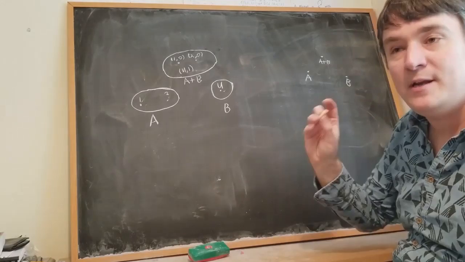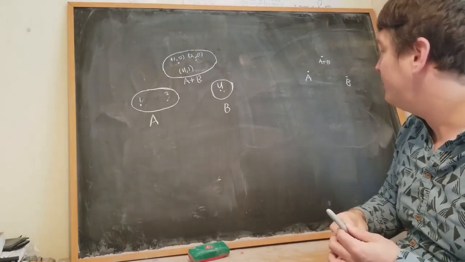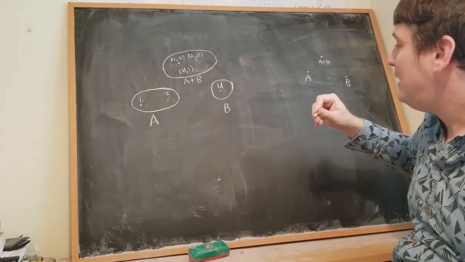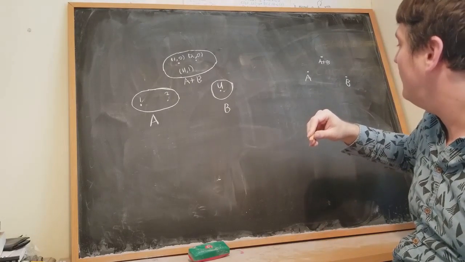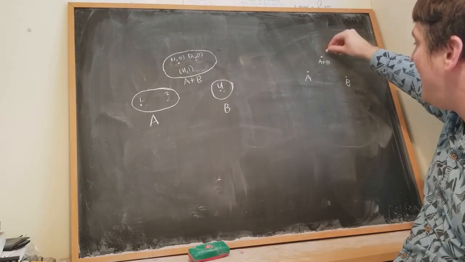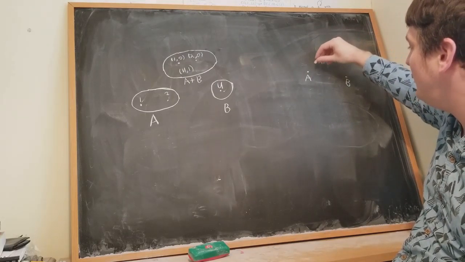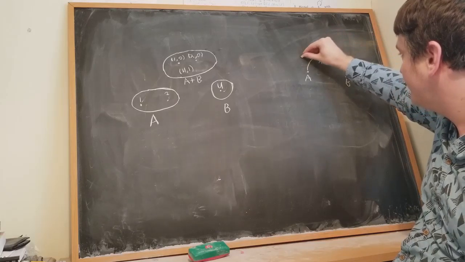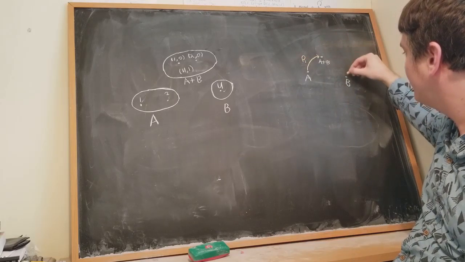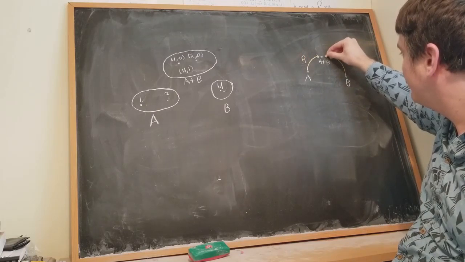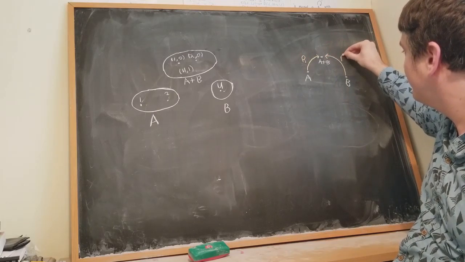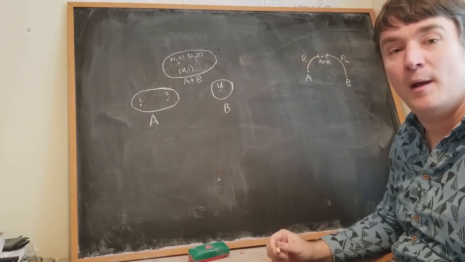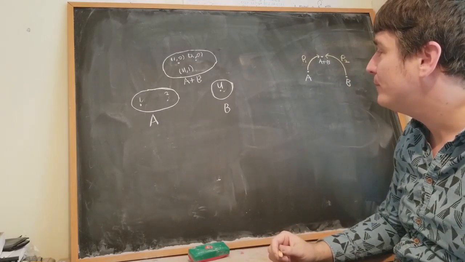Now, the first thing we need for this thing here to be a coproduct is we need there to be an arrow from A into it and an arrow from B into it. So I'm calling those P1 and P2.